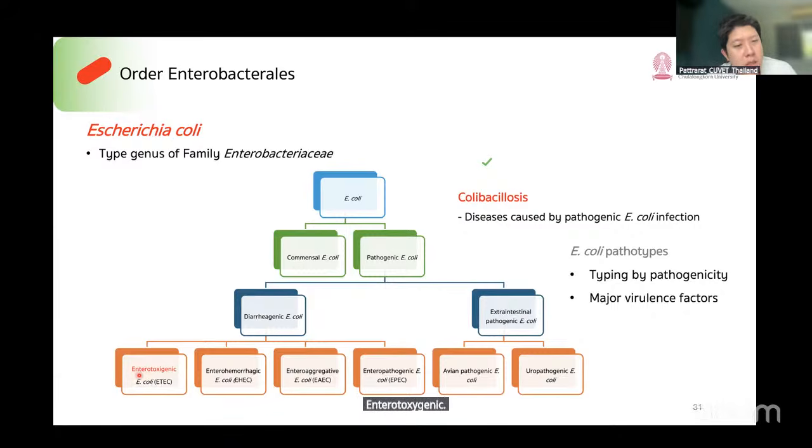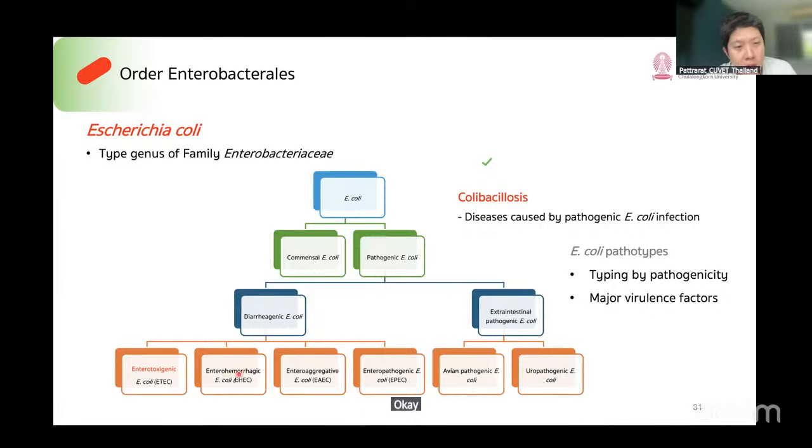Enterotoxigenic E. coli, or ETEC, is a pathotype of diarrheagenic E. coli because they have specific toxins.